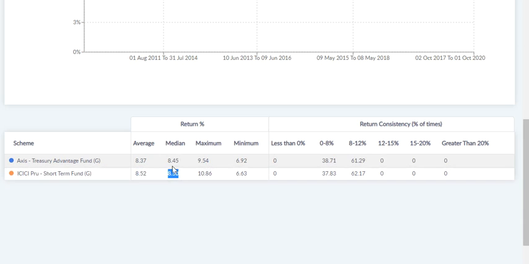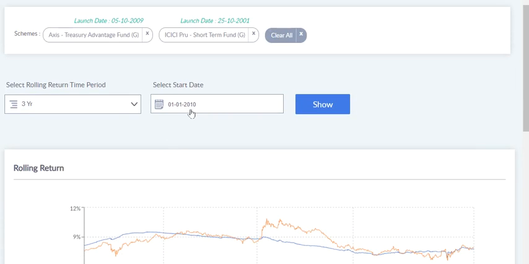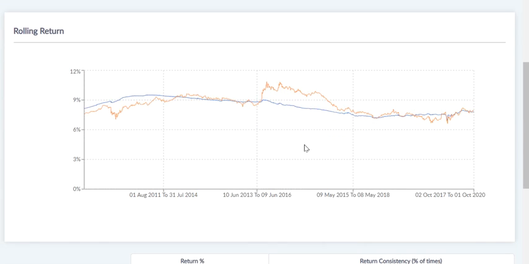So most of the time people would get, if they are invested for 3 years in this period from 2010 till, since it is 3 years, 2017 will be the last point of investment, that is 2nd October 2017 to 1st October 2020. So this is the last point in the graph.